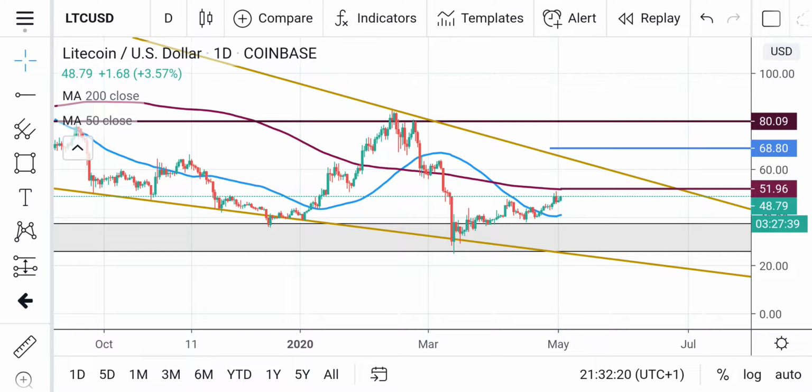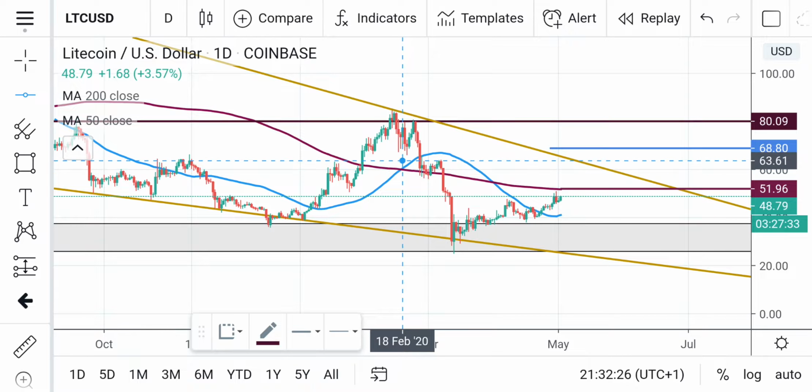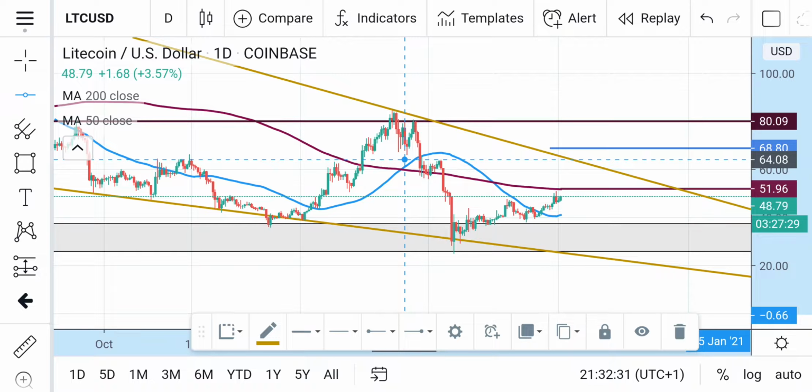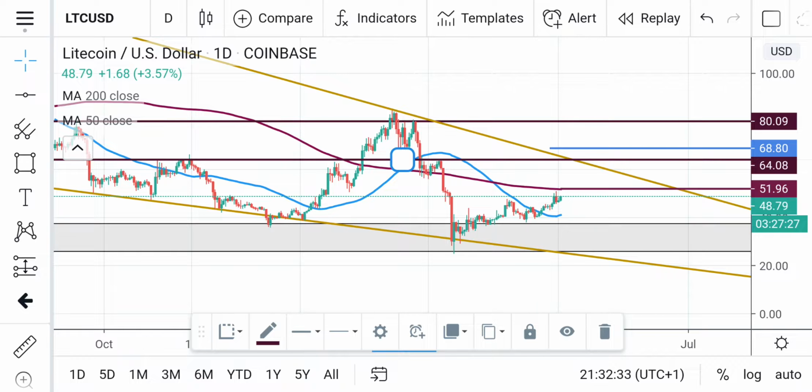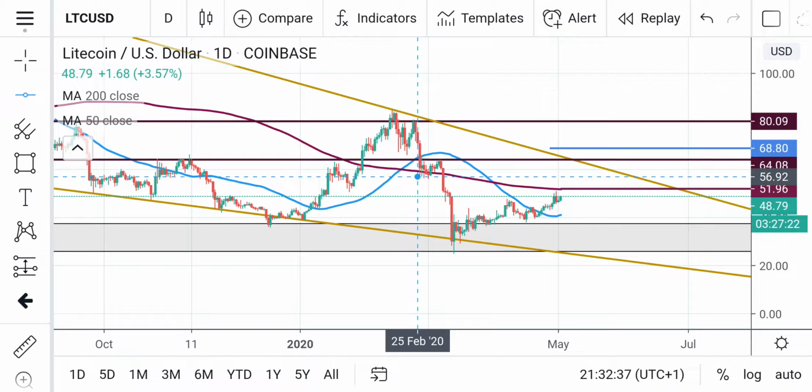So the next thing I look to do at this point again is identify another key level of support resistance. So I look over here, I can see an area that can act as a resistance. So I add it, and I can reference the bottom too and make it a zone.